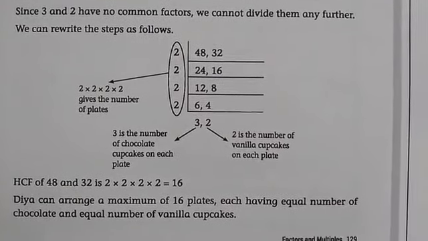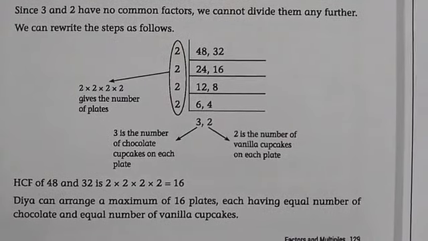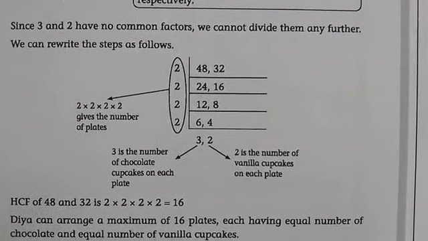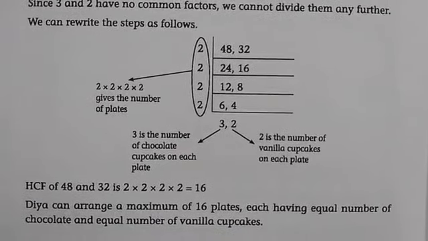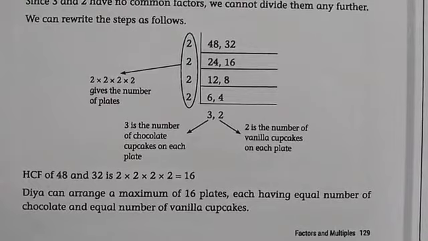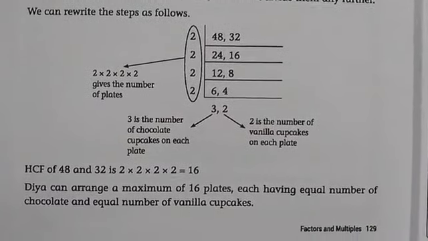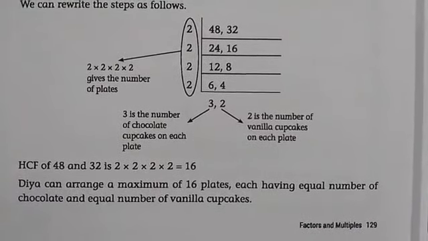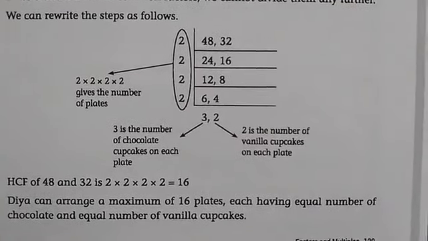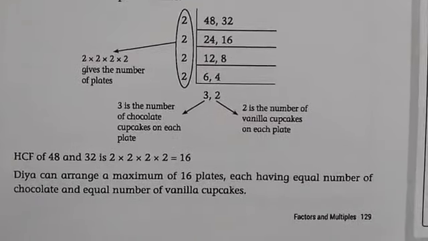Again 2 6s are 12. 2 4s are 8. 2 3s are 6. 2 2s are 4. So 2 into 2 into 2 into 2 gives the number of plates. 3 is the number of chocolate cupcakes on each plate. 2 is the number of vanilla cupcakes on each plate.